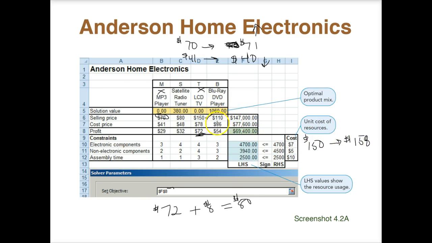Or we could take our cost, which is $56, and reduce it by 8, which will give us $48. So down here, up there. Either one of those cases would get the amount of profit that we have to where it starts to make sense to produce an LCD TV here.